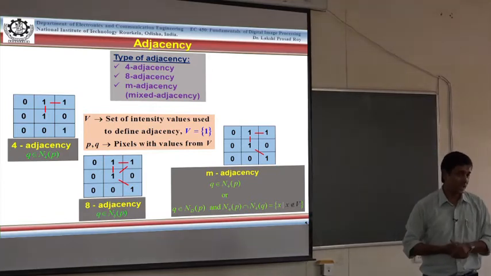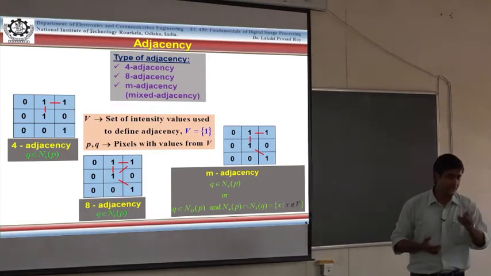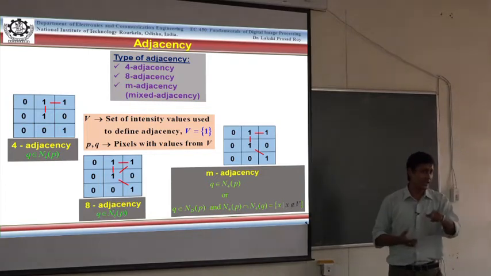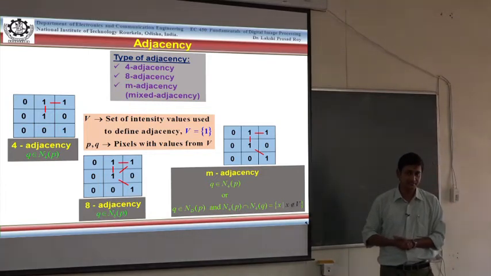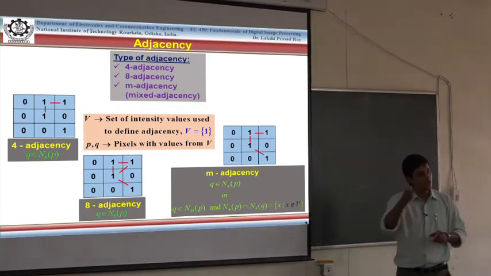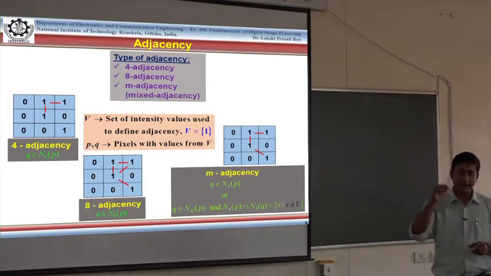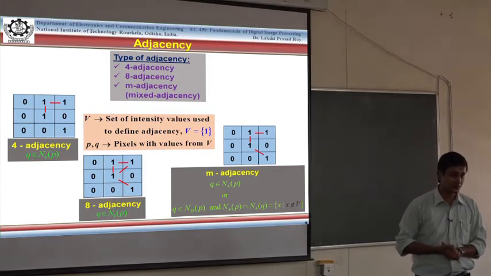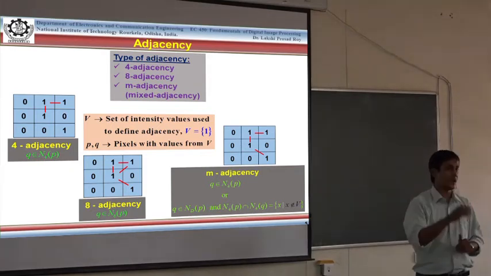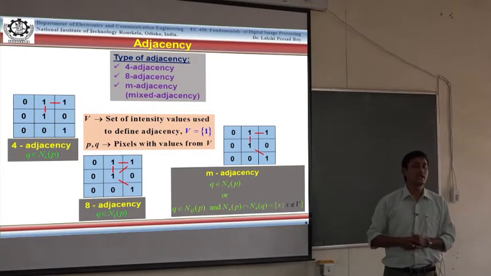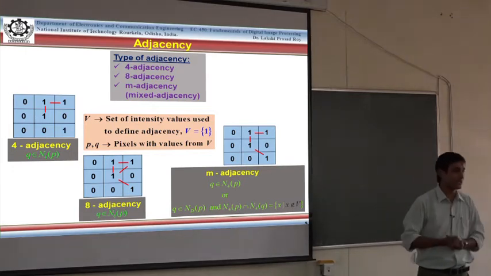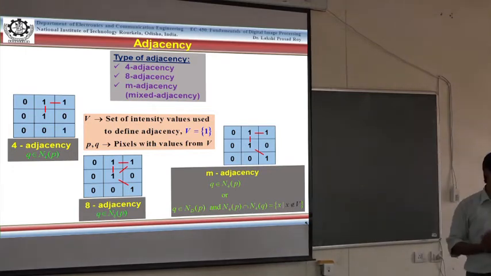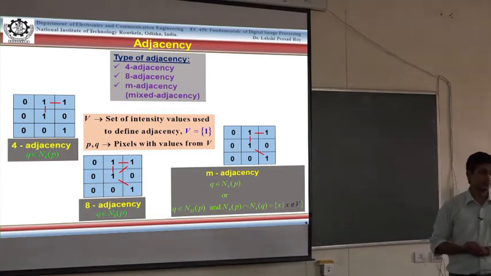If I go that way, I will face the N4 elements, or I can go for all, the union of ND and N4, which I call N8. If I go through the N4 approach, the relationship I get will be named 4 adjacency, and for 8 it will be 8 adjacency.